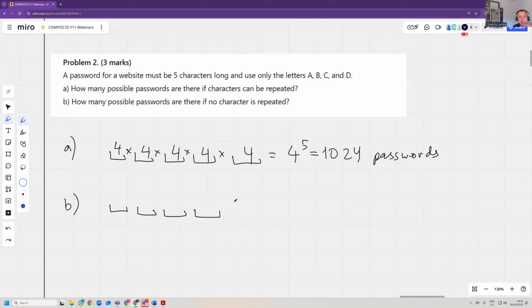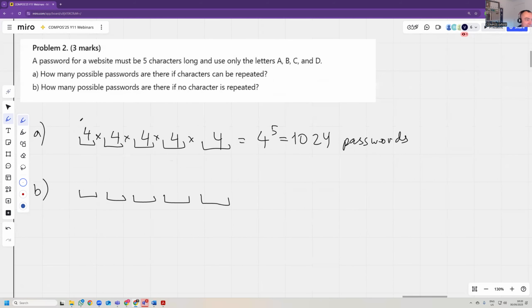But let's imagine we do 5 characters, but we're allowed to choose from 26 letters, any letter.